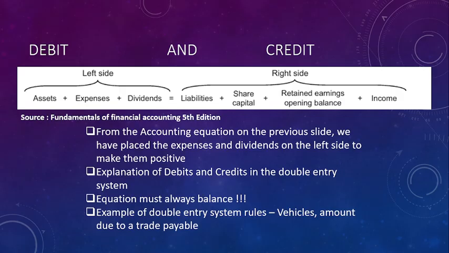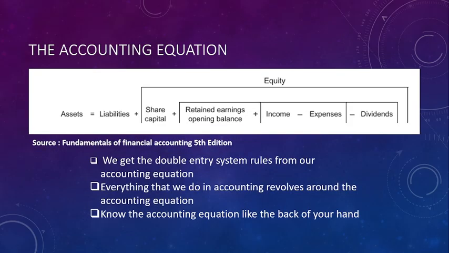Now, looking at that equation that we had first, above, before this one, our expenses and our dividends were negative on the right hand side. So what we did here is bring them to the left side. Do you guys get what I mean before I continue? In the previous one, if you look at expenses and dividends, they had negative signs.